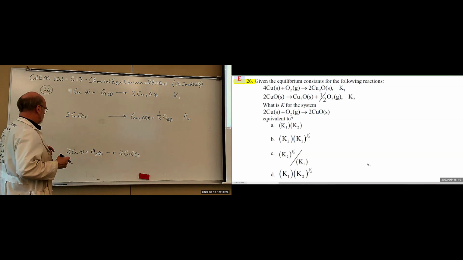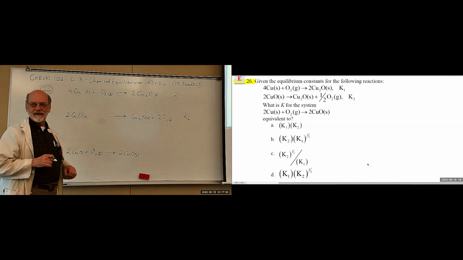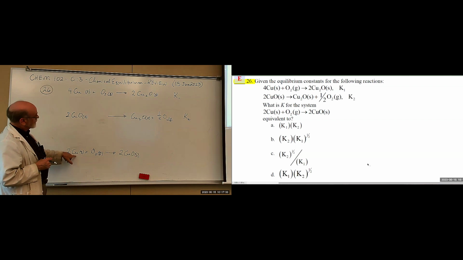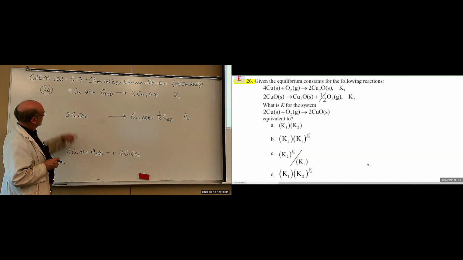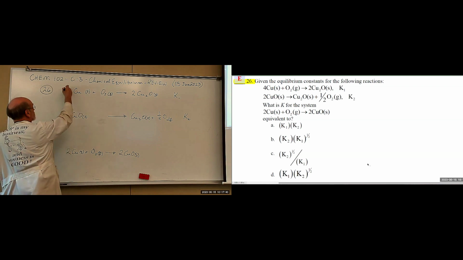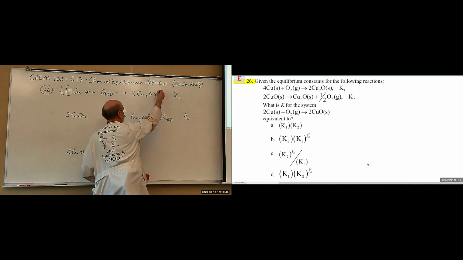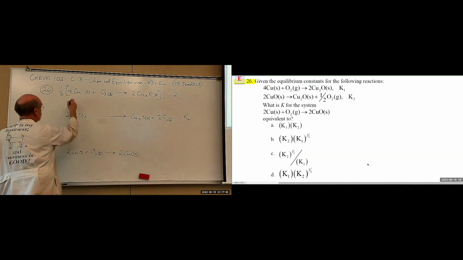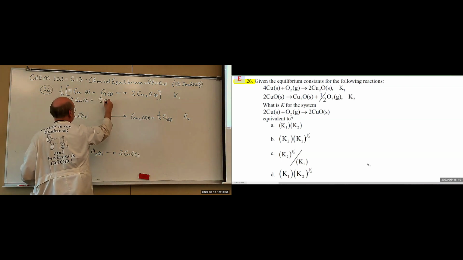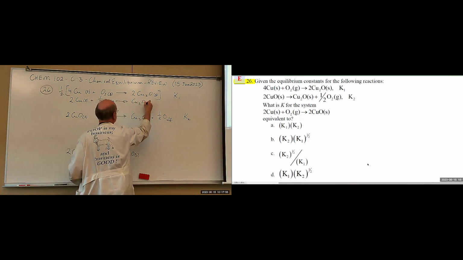All right. So we need a little refresher on Hess's law, right? How do we combine these two to make that one? Well, let's see. We need 2 coppers down here, but we got 4 up there. So what if we take half of that equation? That would make 2Cu plus 1/2 O2 and Cu2O.